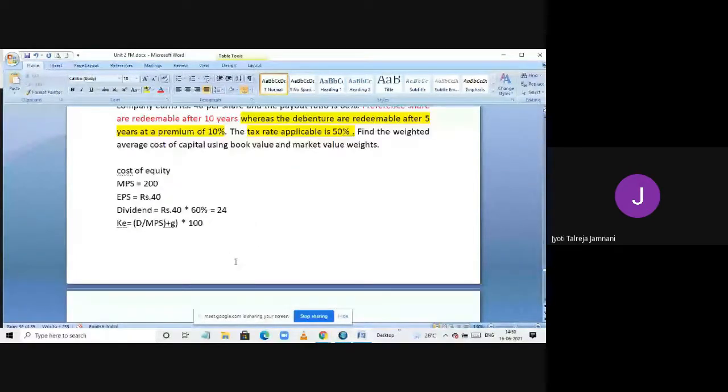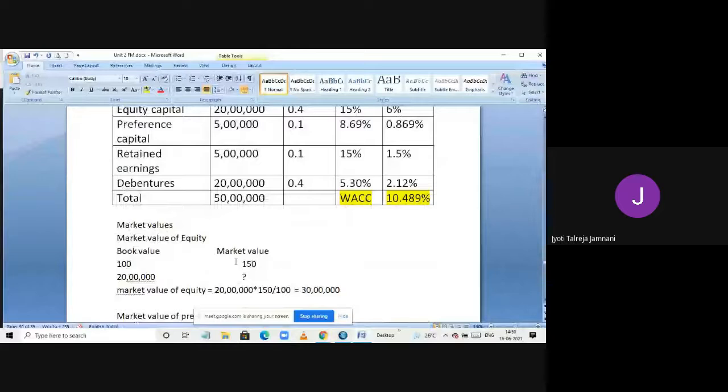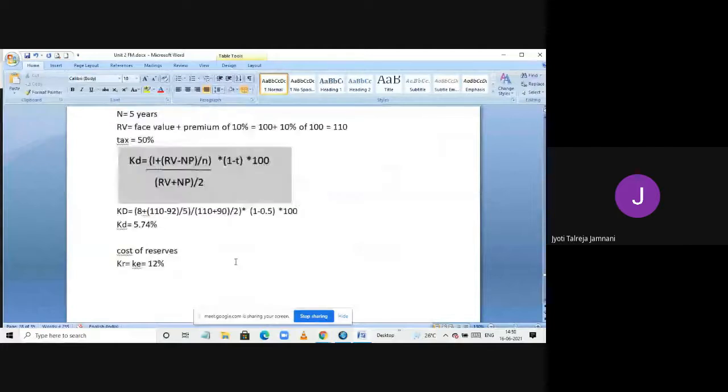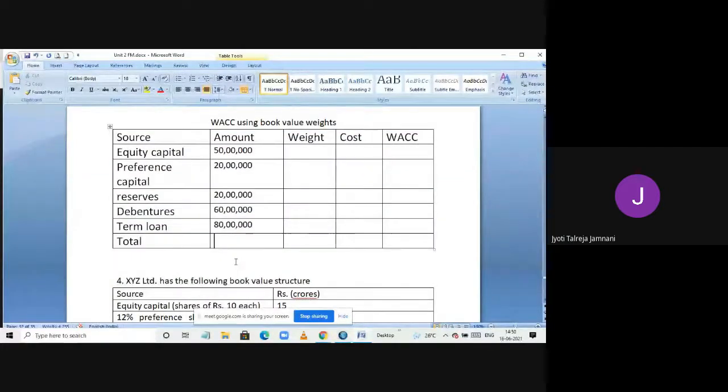In the previous case also we totaled it correctly. Just find the total of this: 50, 60, 70, 80, 90, 150. 2 crore 30 lakh.